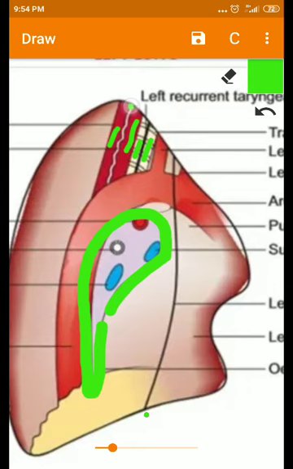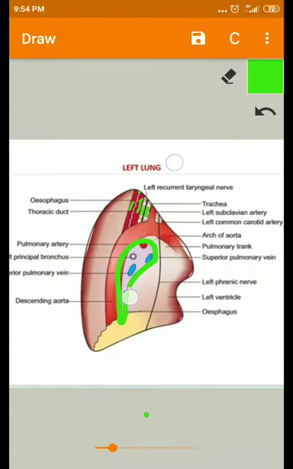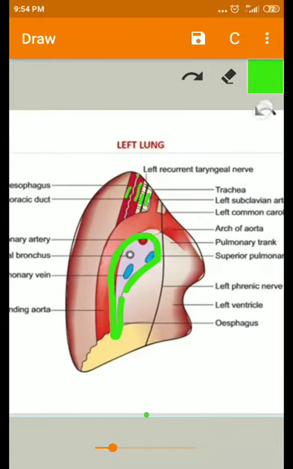In the middle, you will have a duct-like structure called the thoracic duct, related on the left side. So these are the structures related to the left lung. Again we will see what those things are.